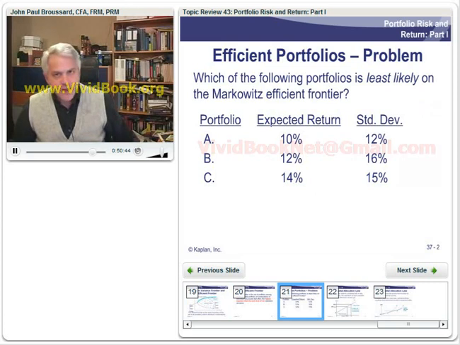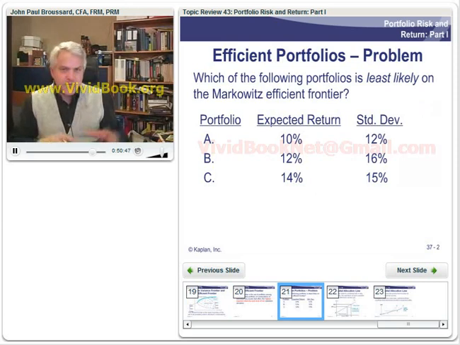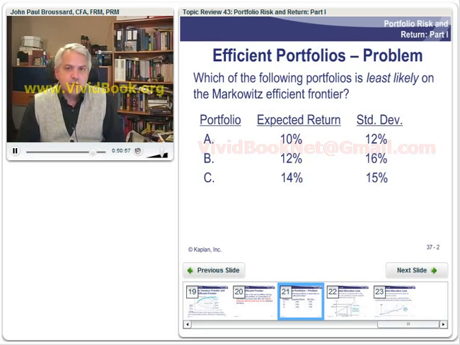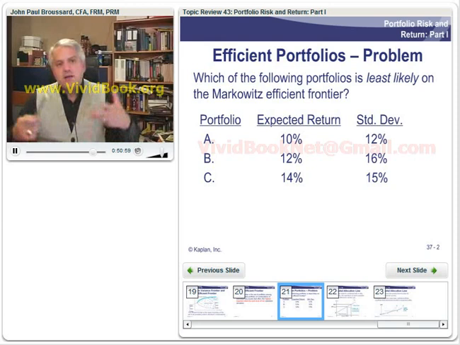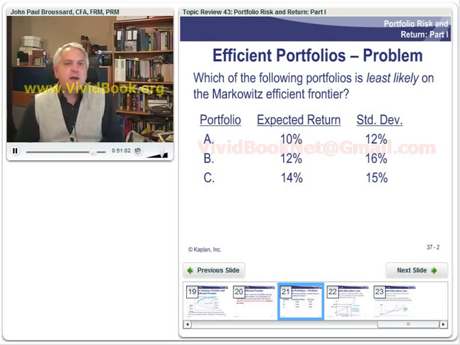There's a special name, and I apologize for skipping that over. The efficient frontier is attributable to Harry Markowitz, who wrote a paper back in the 50s explaining, in mathematical form, how those efficient portfolios are created.